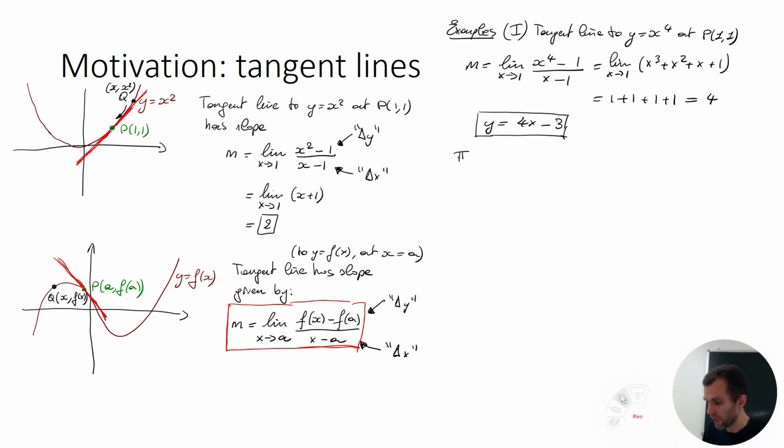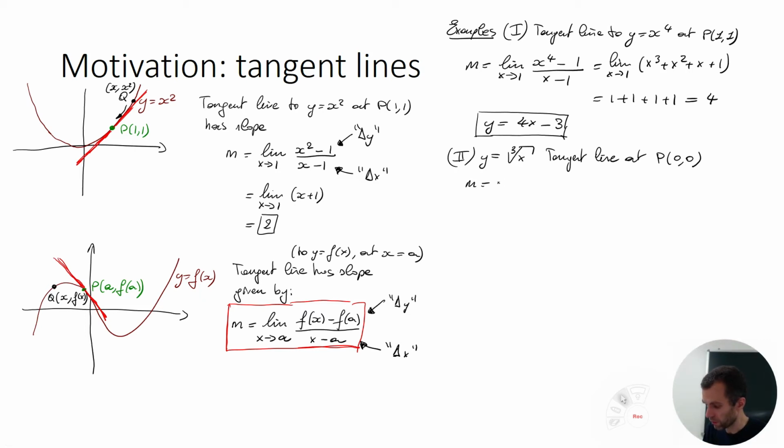For the second example now, we'll take y equal to the cube root of x, and we'll compute the tangent line at the point P with coordinates 0, 0.